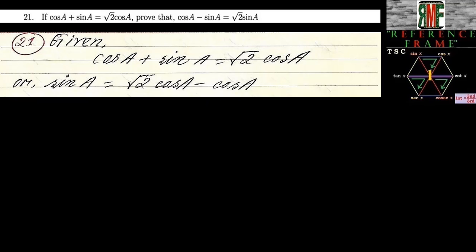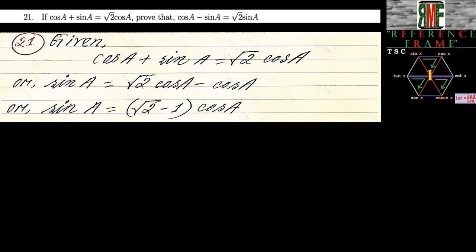We're gonna have sin A is equal to root 2 into cos A minus cos A. Now we're gonna take common cos A on the right side. From the first expression we have root 2, and from the second one we have minus 1. So sin A is equal to (root 2 minus 1) into cos A.